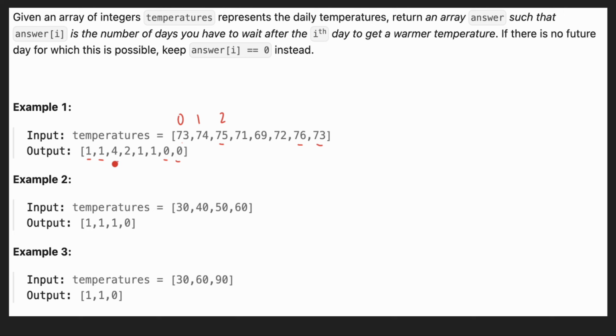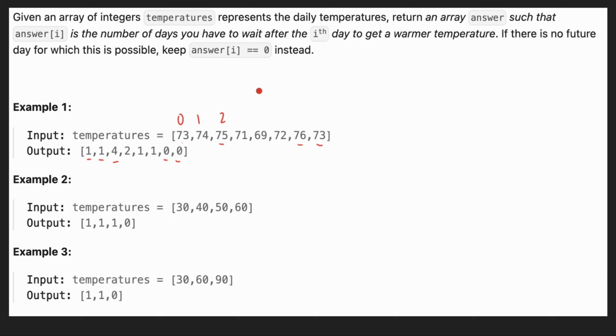So how are we going to solve this problem? The first approach that comes to mind is, for every day, to find the next warmer day. For example, we check for the 71, then we go and find the 74, then the 75, checking each element, finding the next greater element and taking its index minus the index of our current day's temperature.